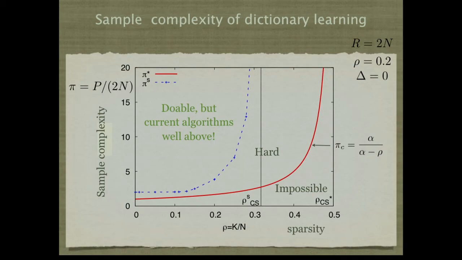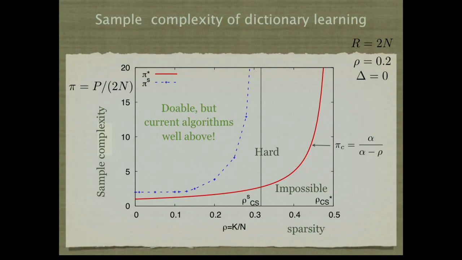And there is another asymptote: even if you knew the dictionary, algorithmically you cannot quite get to this alpha equal rho. If you were doing the L1 minimization, that would be the Donoho-Tanner line, and in this case, in the Bayesian setting, that would be the line that comes out. This rho_SCS, CS stands for compressed sensing, is the smallest density for which you could recover the signal even if you knew the dictionary.